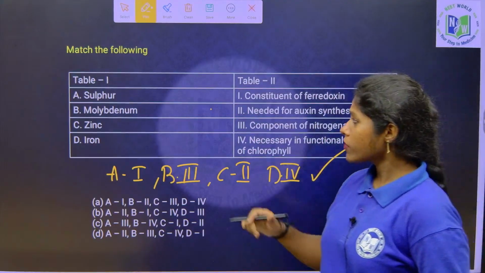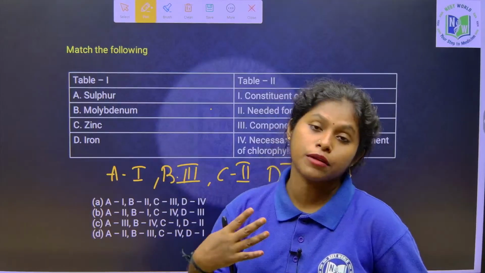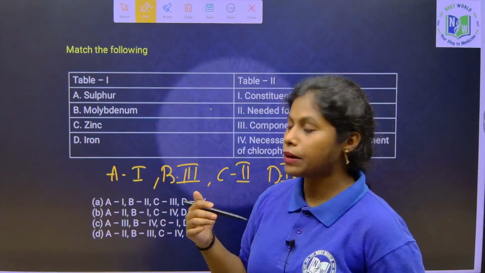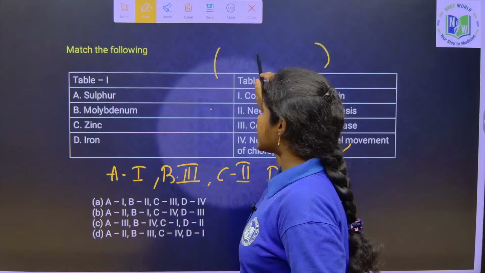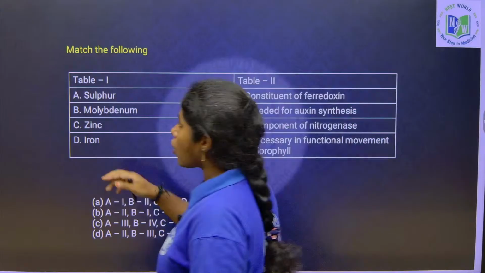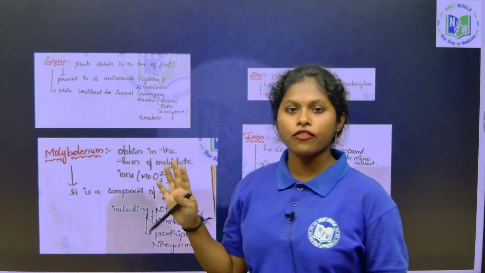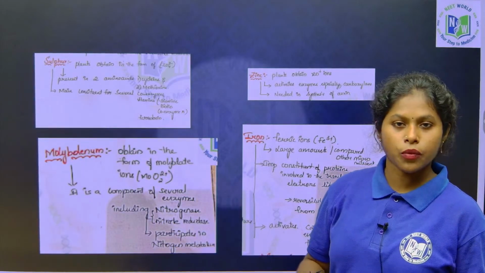Got it? So you have to remember these compulsorily, students, because they are mostly repeated questions asked over many years. This is a previous year question, students. That is why I kept in front only the important questions which appeared in previous years.